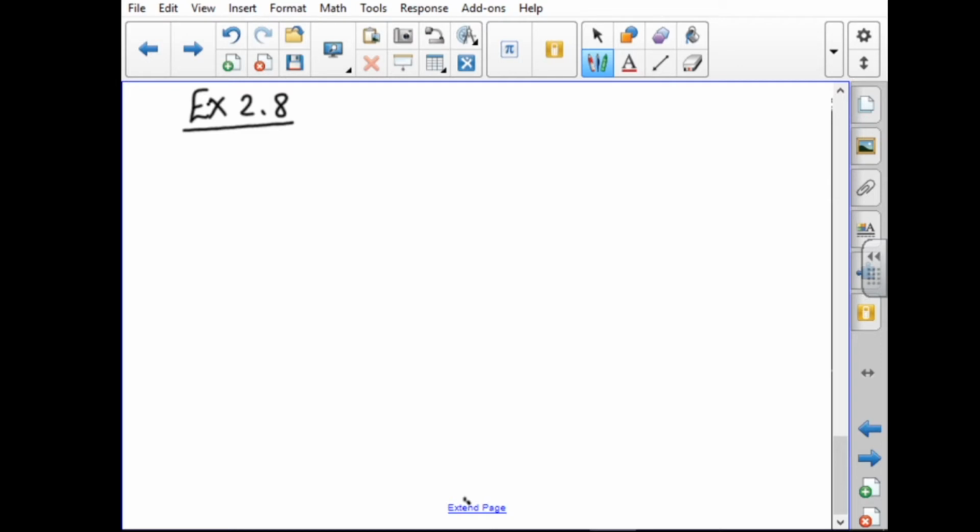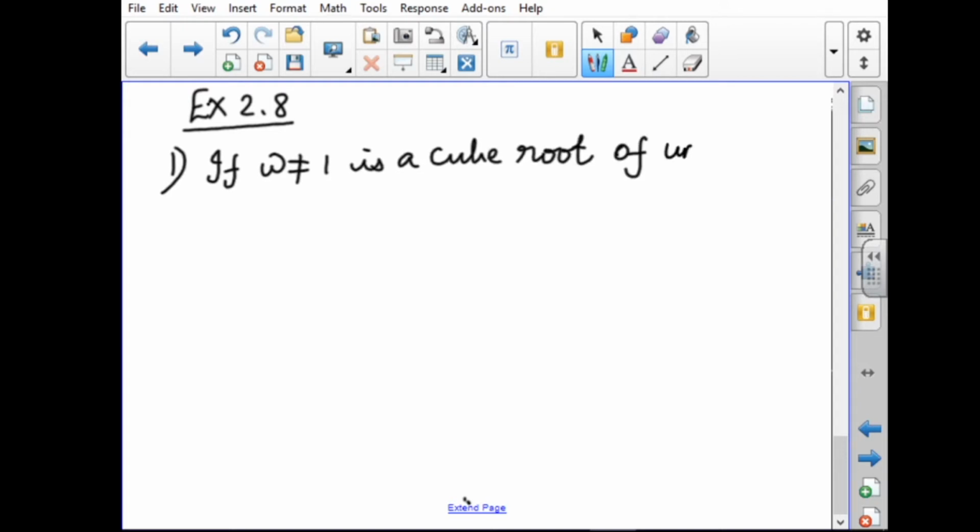Okay. Now it is given that question number 1, if omega is not equal to 1, is a cube root of unity. If omega is a cube root of unity, that implies always omega cube is equal to 1. You will study this in tomorrow's class about nth root of unity.